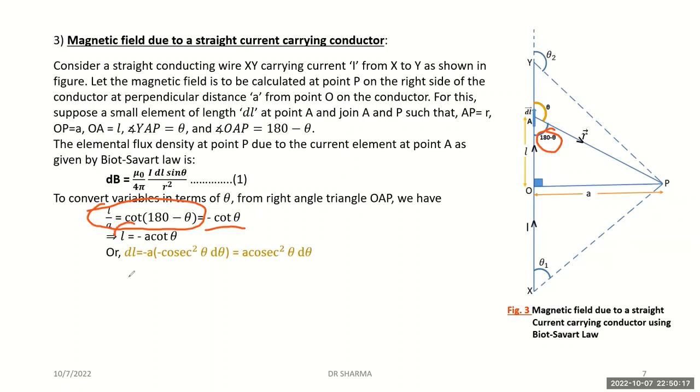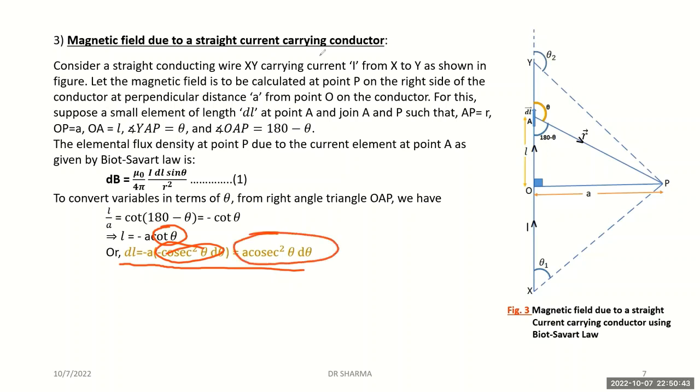So this implies L is equal to minus a cot theta. Now differentiating this equation, you get dl is equal to minus a times the derivative of cot theta, which is minus cosec square theta. So this gives dl is equal to a cosec square theta d theta. So dl is now converted in terms of constant a and the single variable theta.